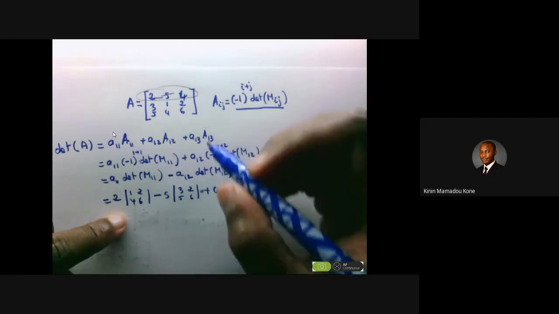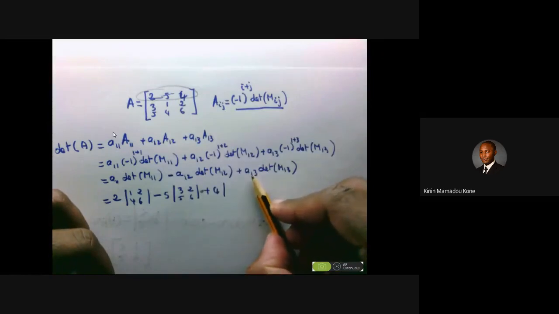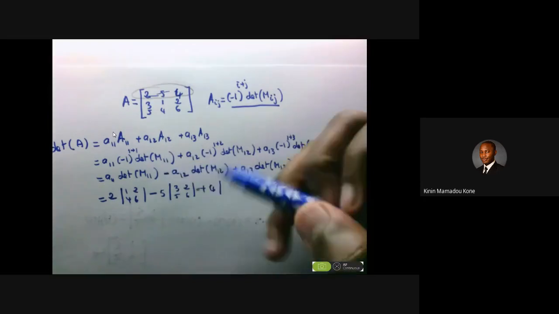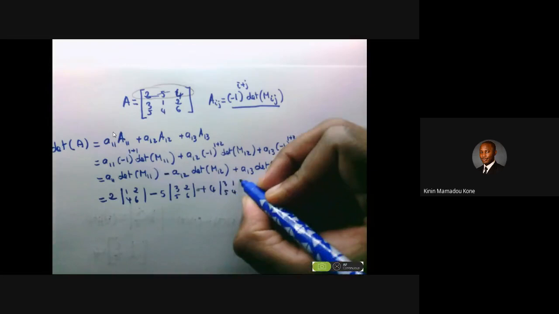Determinant of the matrix formed by deleting the first row, third column. The matrix formed is this matrix over here, 3, 1, 5, 4.